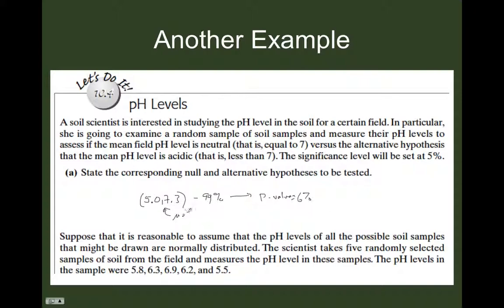So mu equals 7, that was the null hypothesis, that the soil was neutral. So notice this interval is including 7 as a possible estimate for the true mean. So this is how we can use an interval to do a hypothesis test. If the hypothesized parameter is in the confidence interval, then there's no evidence that we should reject the null.